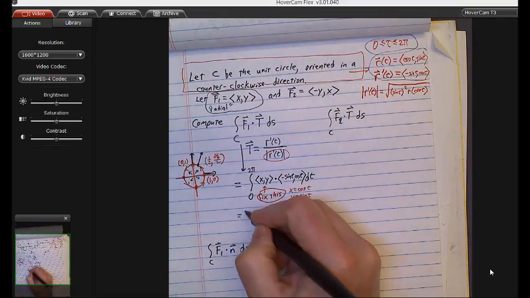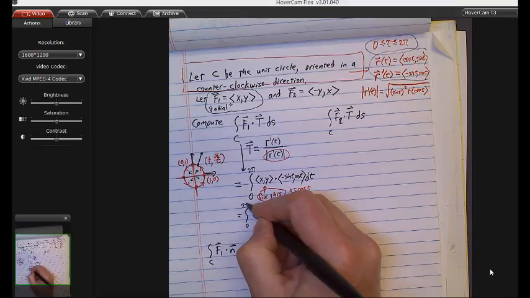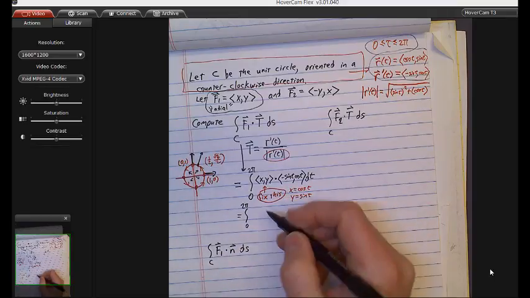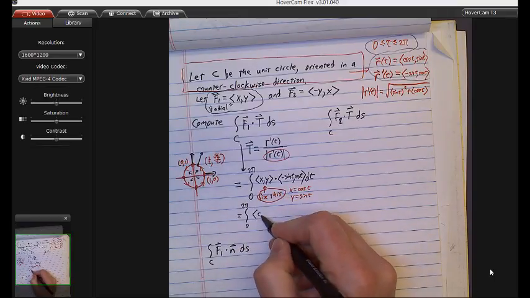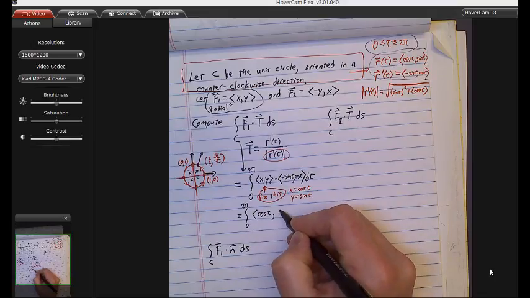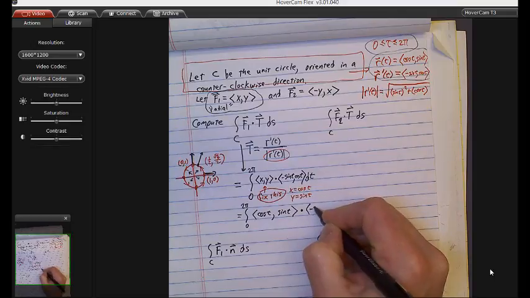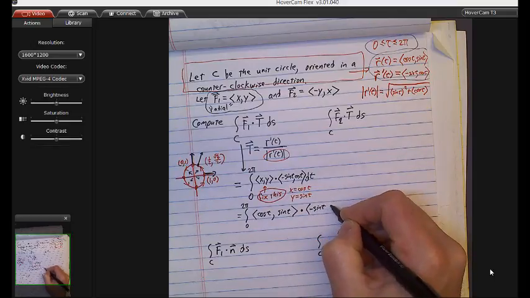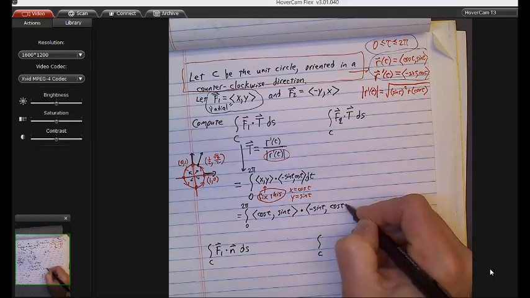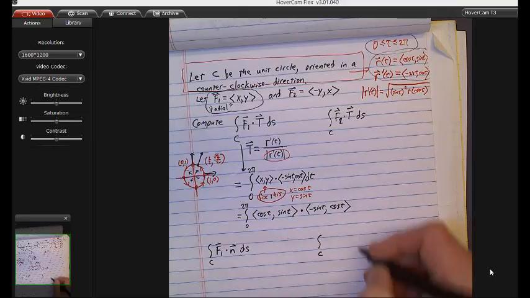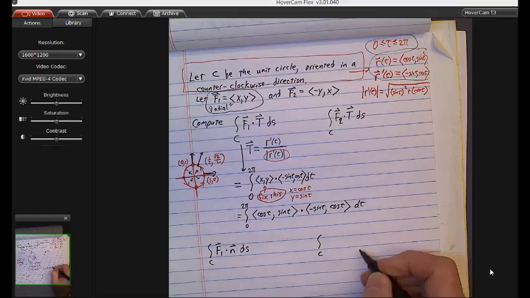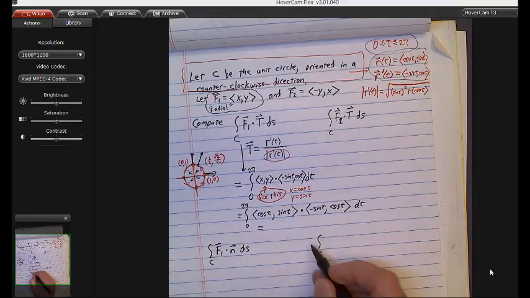So, okay, let's see what we get. We're going to do the integral from 0 to 2 pi of, well, this would be cosine t comma sine t dot negative sine t, cosine t. So what are we getting? Let's see.